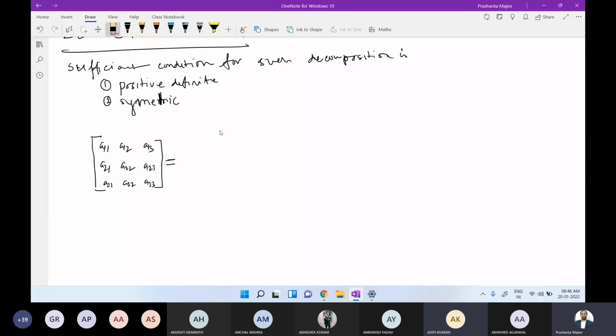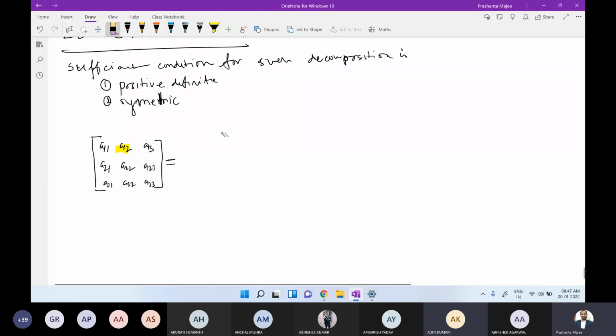So if the matrix is symmetric, what will be A21? And what will be A12? Can you tell me what will be A12? This highlighted term. It will be A21. A12 equals A21 for a symmetric matrix.